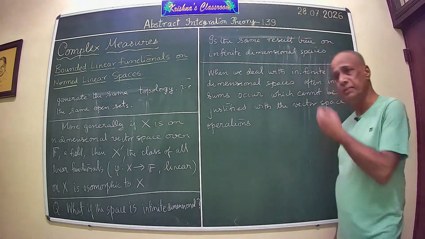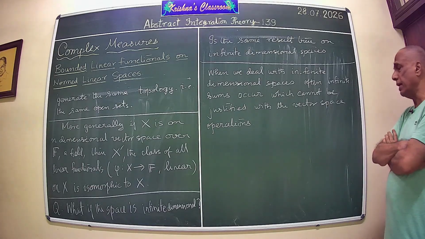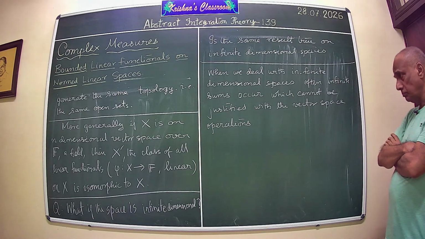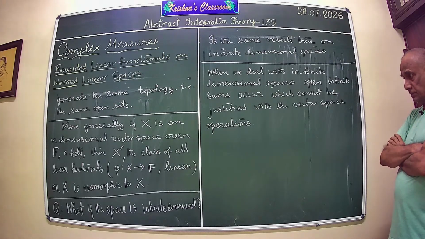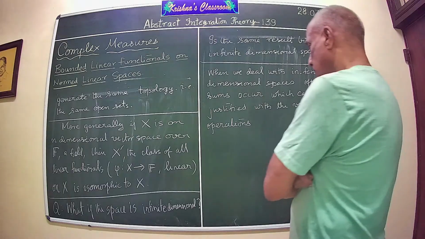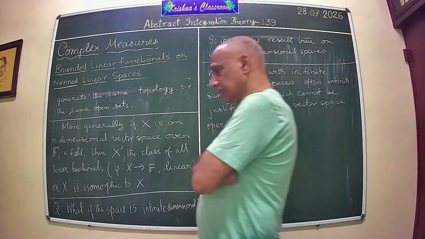But how do you give a meaning to it? You give a meaning to it only by using a notion of convergence or a topology for the space and so on.